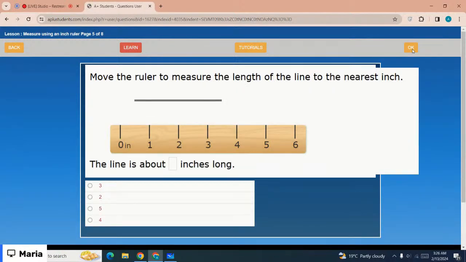Move the ruler to measure the length of the line to the nearest inch. So which is the correct option? Yes, the line is about 3 inches long. The correct option is 3.